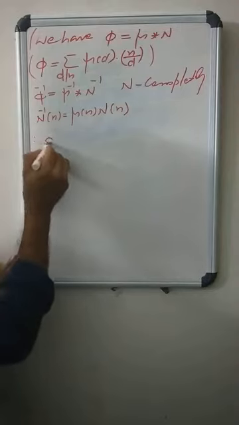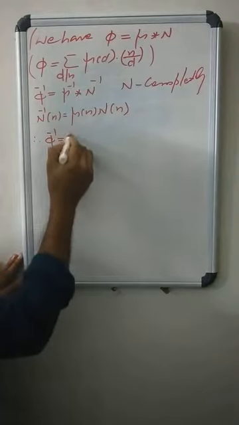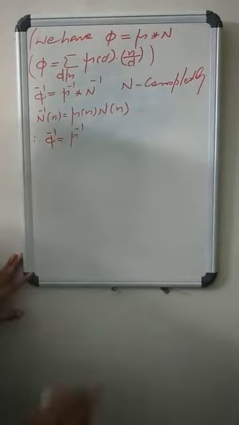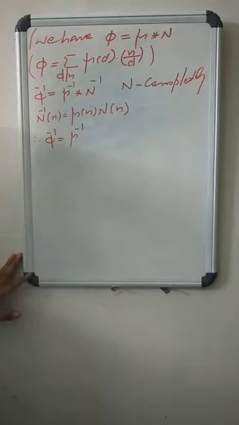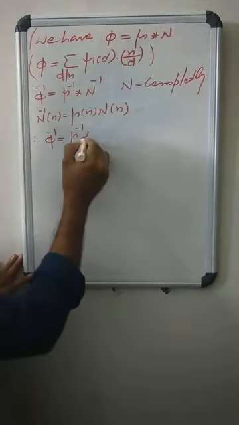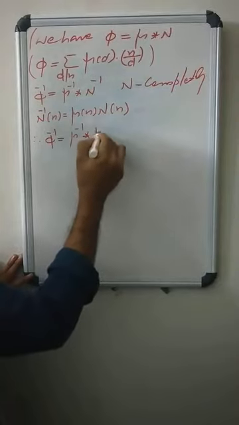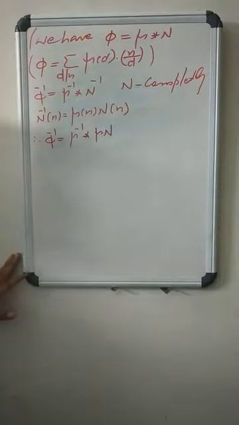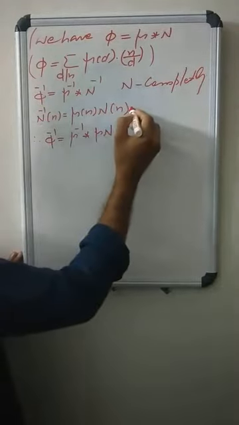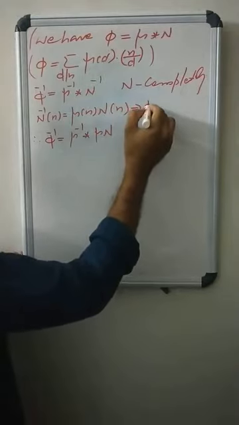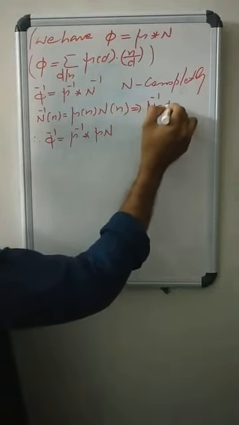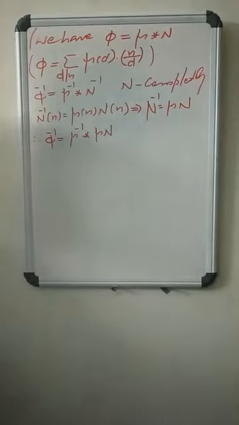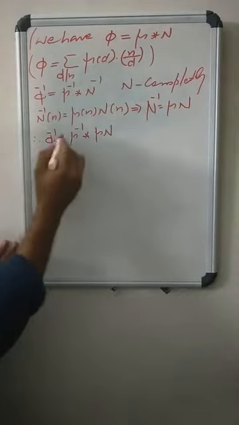So by that argument, N inverse of n equals mu of n into N of n. Therefore, what is phi inverse? Phi inverse equals mu inverse star N inverse. N inverse of n equals mu of n times n, that means N inverse equals mu N. So phi inverse equals mu inverse star mu N. But what is mu inverse?